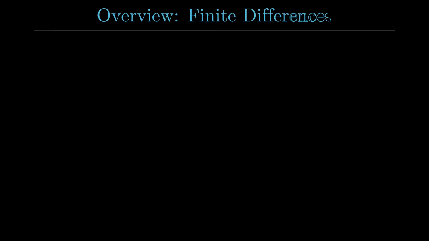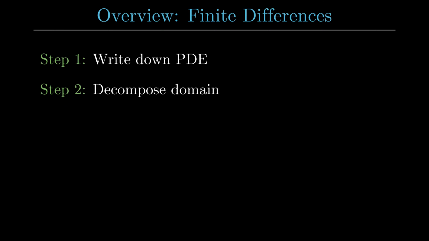Overview: finite differences. The finite difference method consists of the following steps. Step 1. Write down the PDE. What is our problem description? Step 2. Decompose the domain. We make our problem finite dimensional. Step 3. Approximate derivatives.